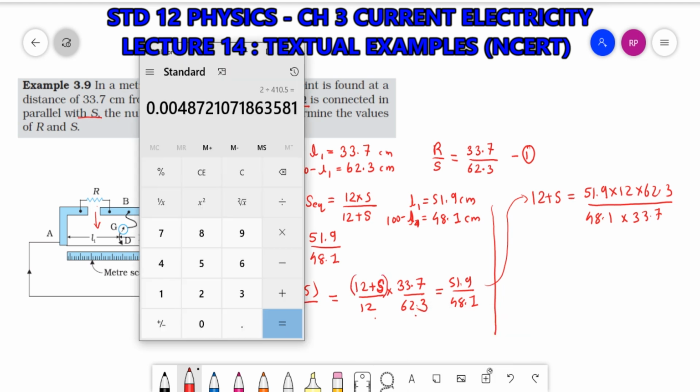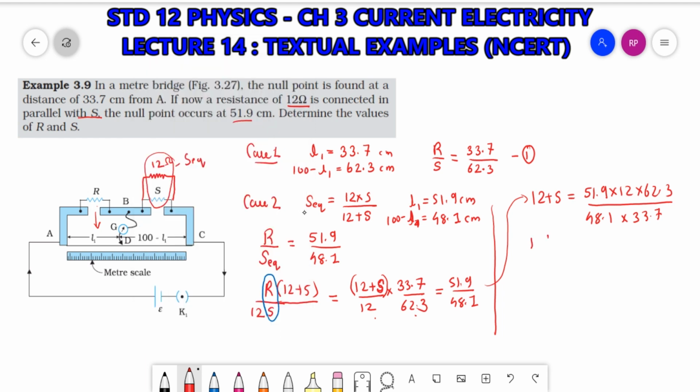Okay, so now let's calculate it. 51.9 multiplied by 12 multiplied by 62.3, divided by 48.1, divided by 33.7, that is equal to 23.93.